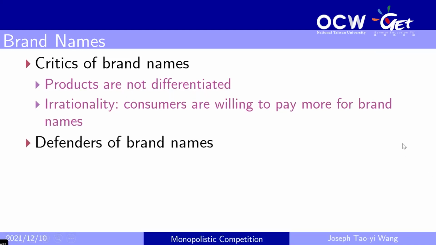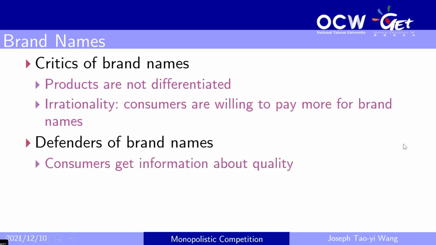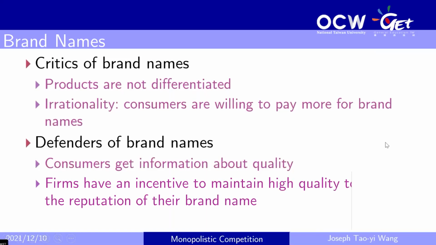But the defenders of brand names would say that, well, at least consumers get information about quality. And actually, if you are a brand name firm, you have the incentives to maintain this high quality because you want to keep the reputation of a brand name. It's true, all cell phones are made in China, but the iPhone just has higher quality. Why is that?